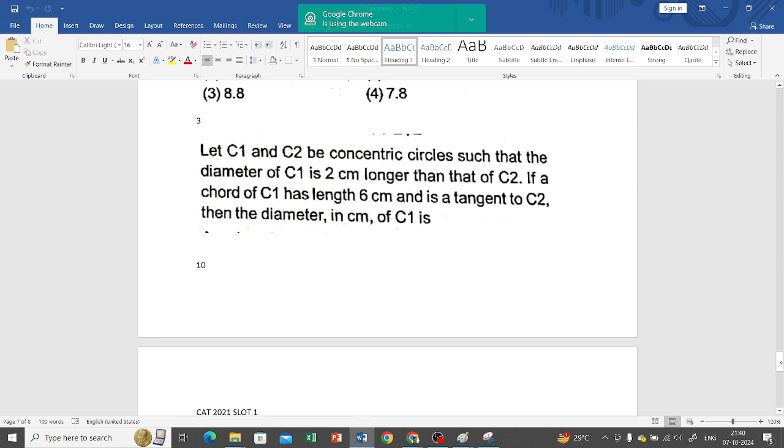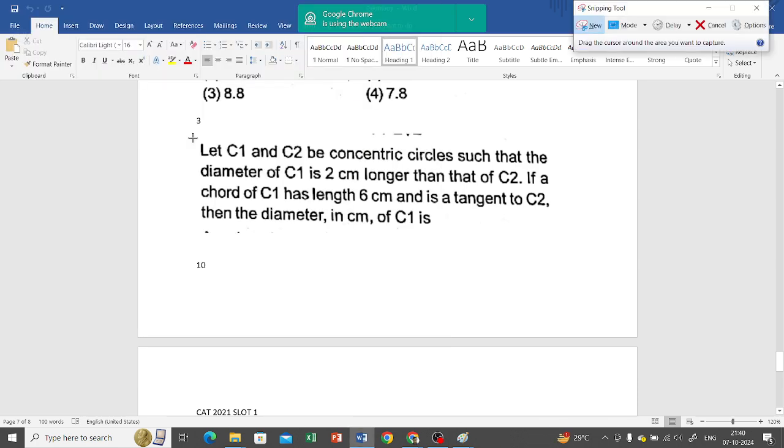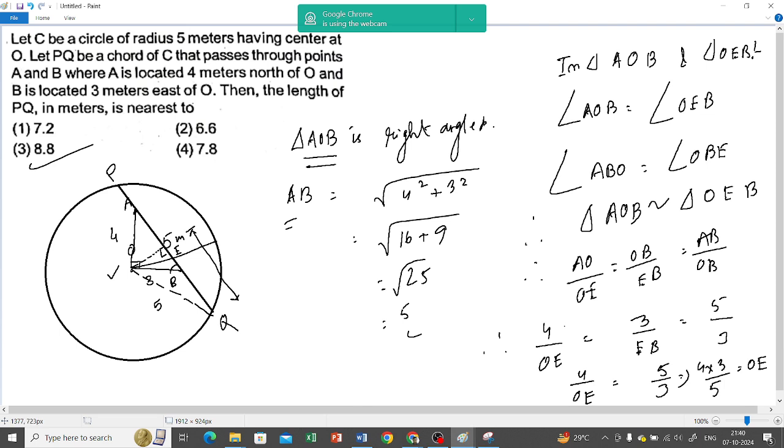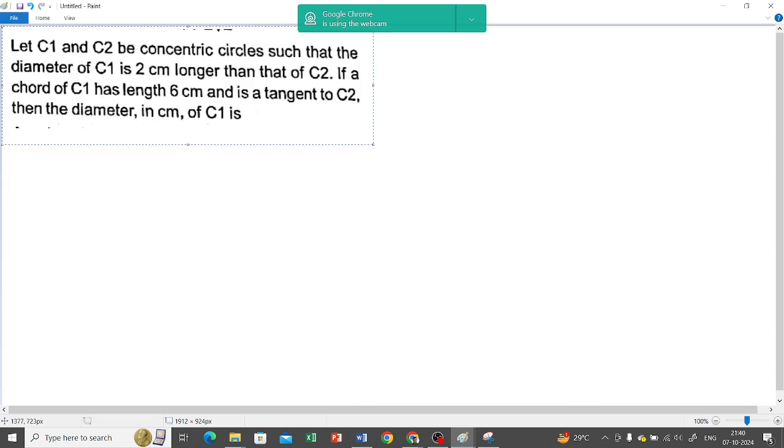Okay, is it done? Let's try this. Same center.